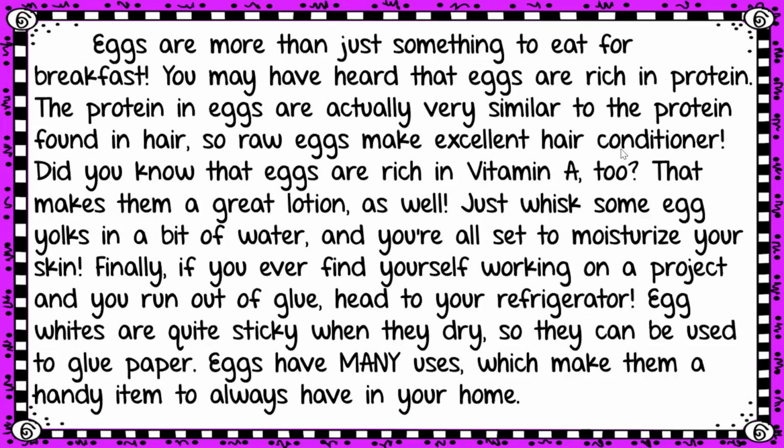They make an excellent hair conditioner. There's one use. What was another use? Talk with someone or talk to yourself. What was another use of eggs? We want to prove our main idea. If you said that they make a great lotion, you'd be correct, right? You can use eggs as lotion. What else can you use eggs for?